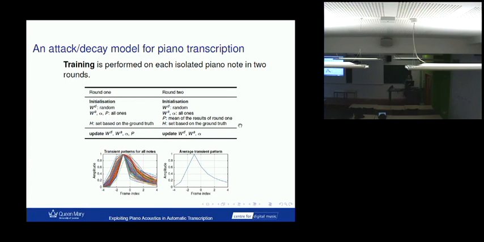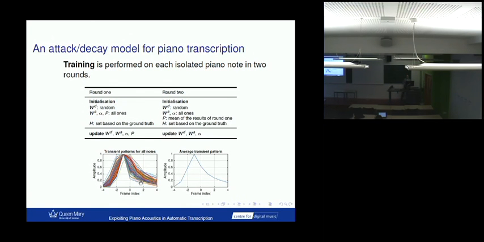Before we do the transcription, we train the templates and train the transient pattern for each isolated note. For the first round, we just set the activation based on ground truth, then we update all other parameters. Then we get all the transient patterns for 88 notes.